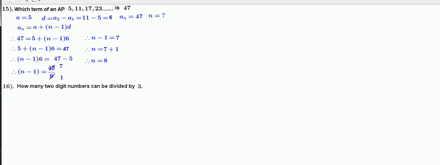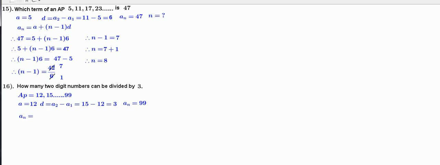The lowest two-digit number that is divided by 3 is 12 and the highest two-digit number which will be divided by 3 is 99. Therefore, first term A is equal to 12, common difference D is equal to A2 minus A1, that is equal to 15 minus 12, that is equal to 3. Nth term An is equal to 99. We have to calculate the number of terms n.